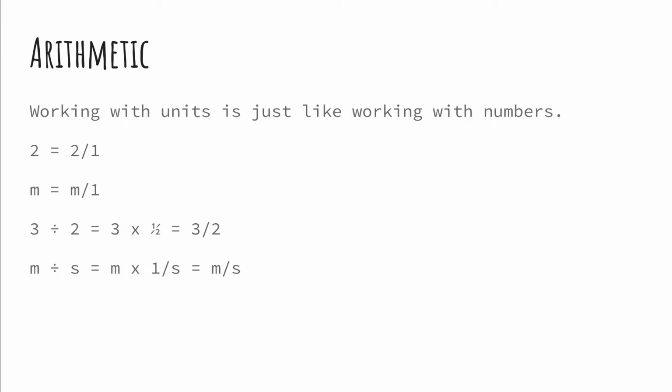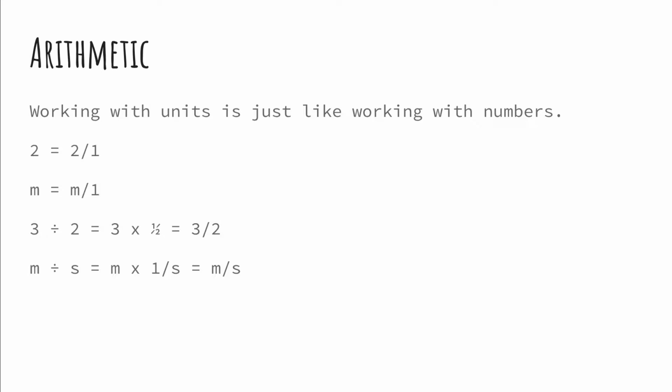So, working with units is just like working with numbers. They're just another part of the measurement, another symbol, another piece of information that you can manipulate like anything else, adding, subtracting, multiplying, and dividing. 2 is the same thing as 2 divided by 1. Meters, you can think of that as the same thing as meters divided by 1. 3 divided by 2 is the same thing as 3 times 1/2.